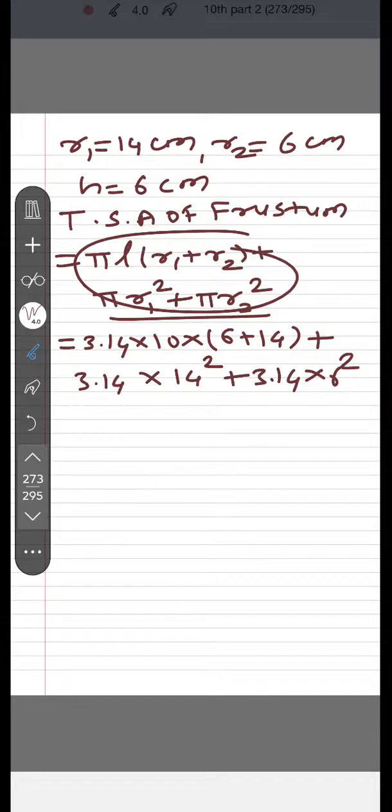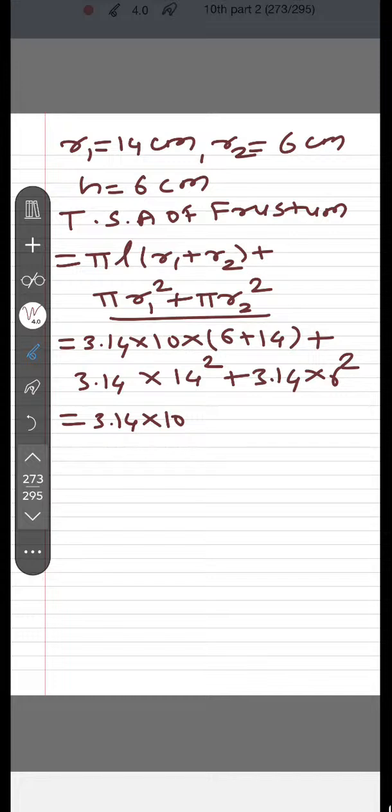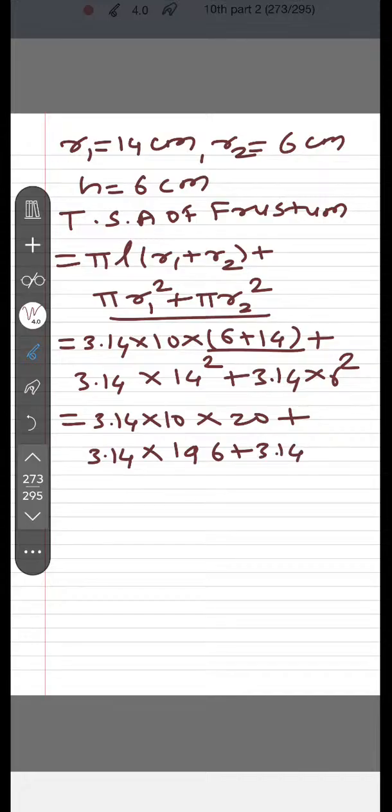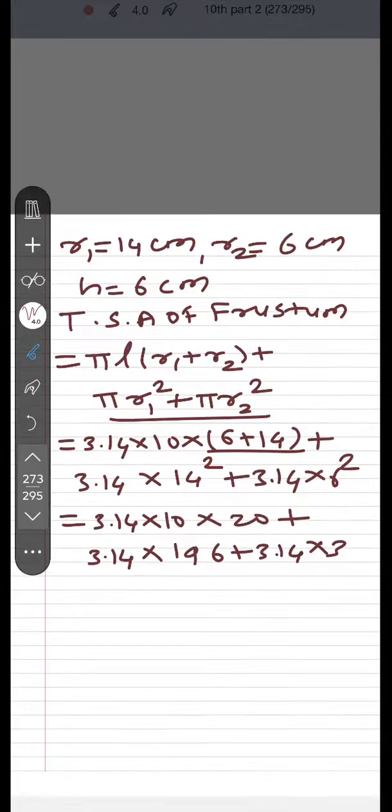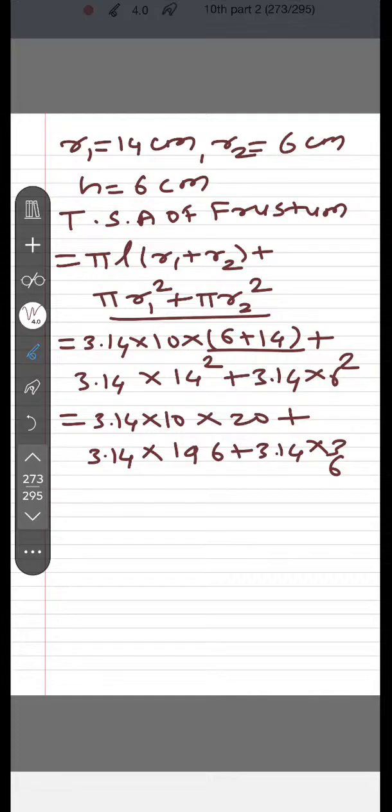Follow this formula. So let's simplify it: 3.14 into 10 into 20, plus 3.14 into 14 square, which is 196, plus 3.14 into 36.